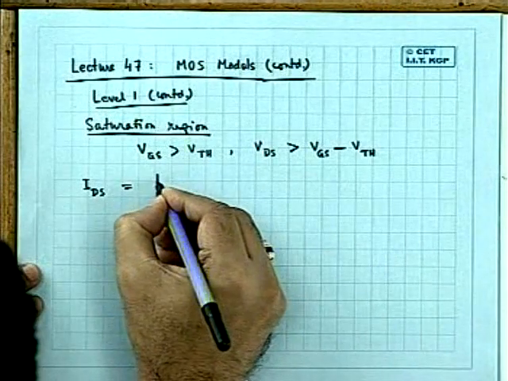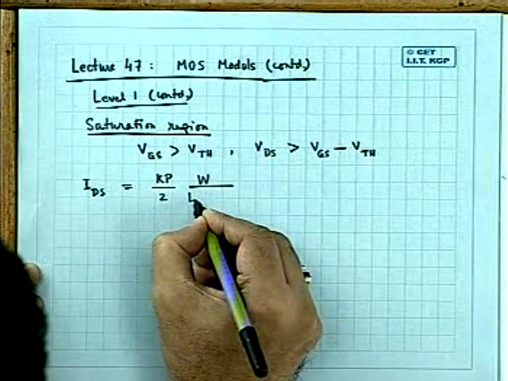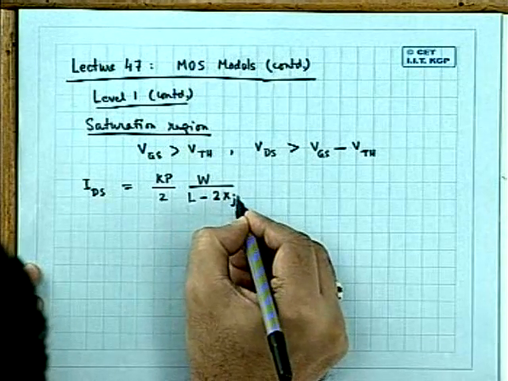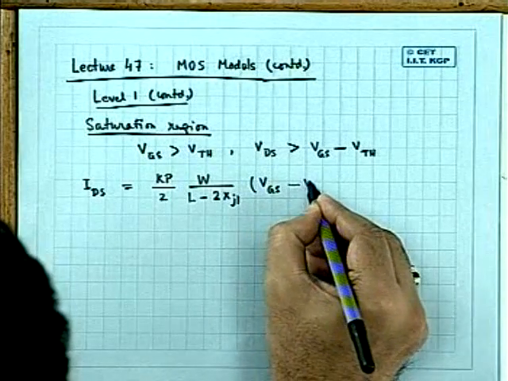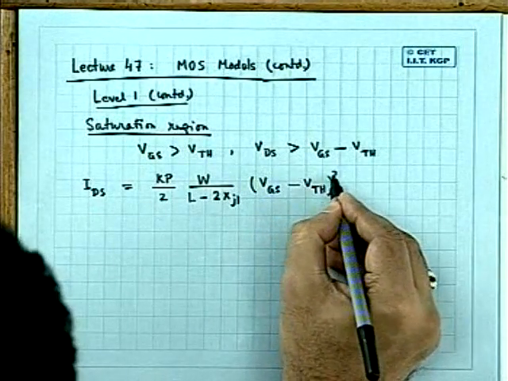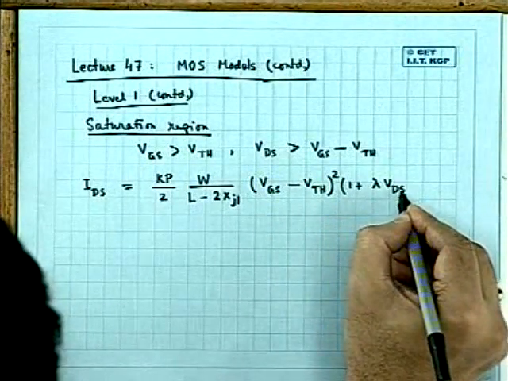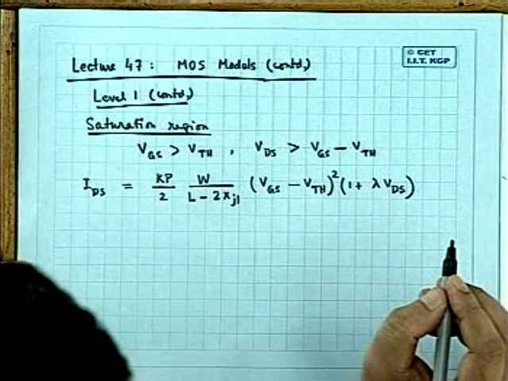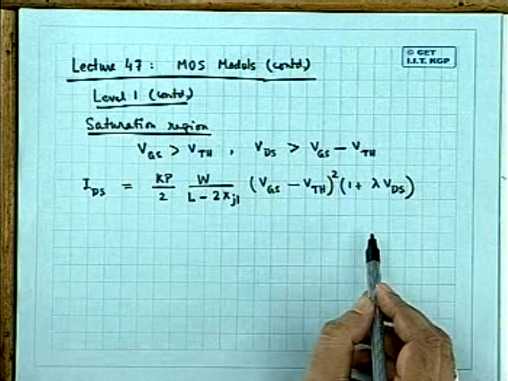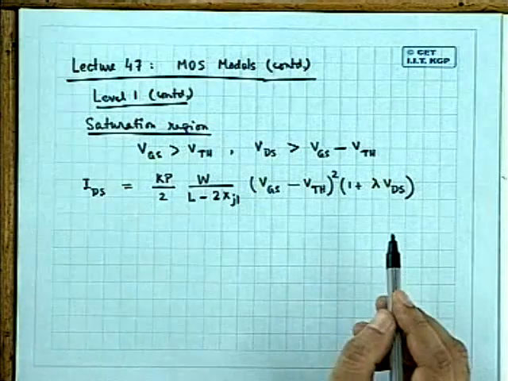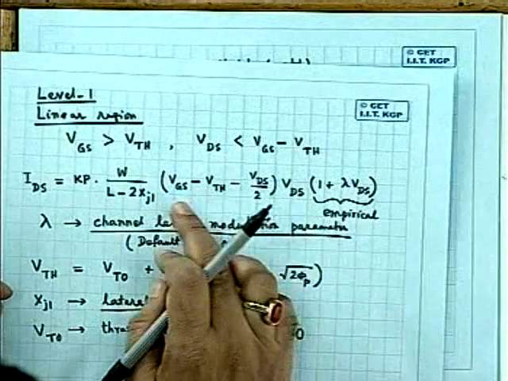This is given by Kp by 2, W by L. So this is the equation for the current in the saturation region, which we got from the linear region equation by substituting VDS equal to VGS minus VTH.